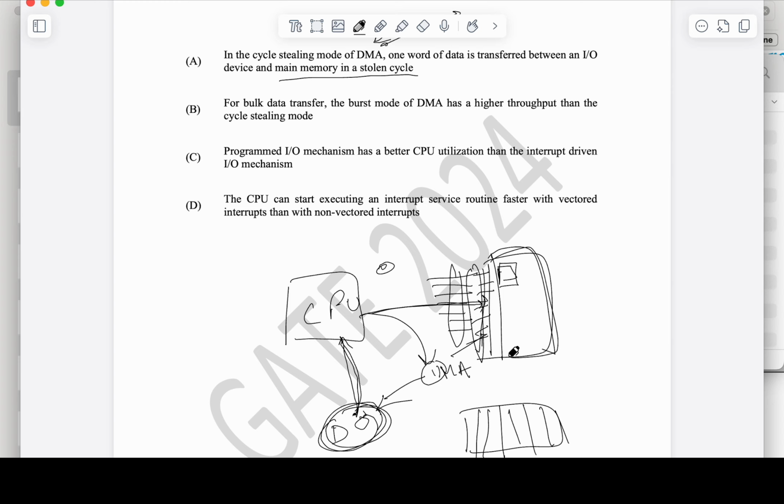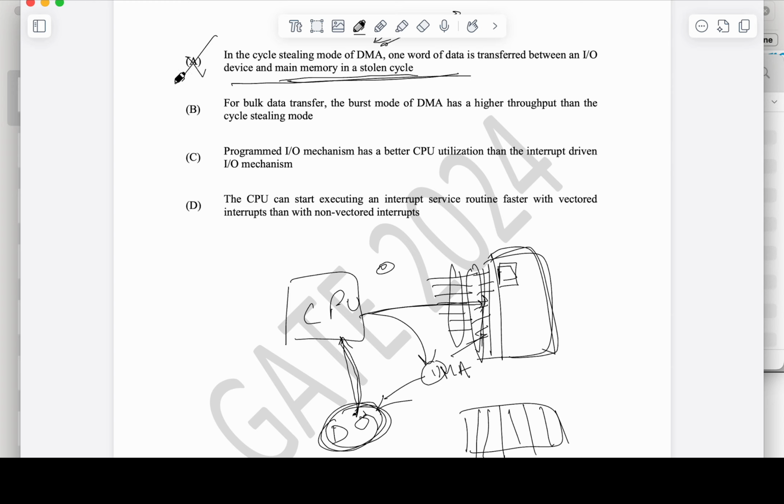This is known as the stolen cycle method, by which DMA can transfer data from an IO device to main memory. So this is what the first statement said, and this is a true statement. This is how a DMA actually operates. There is a concept of stolen cycle, and that is what they are stating: transfers between IO device and memory in a stolen cycle way. So this is a true statement, but we have to find a false statement. So this cannot be the answer.